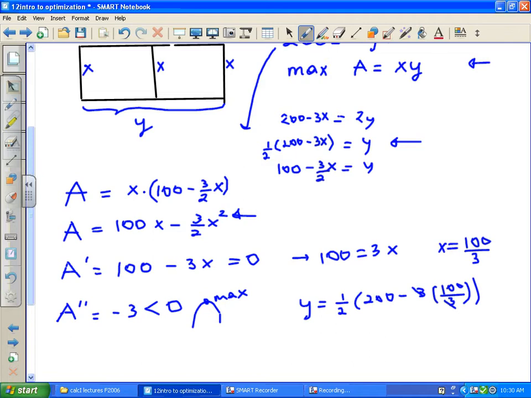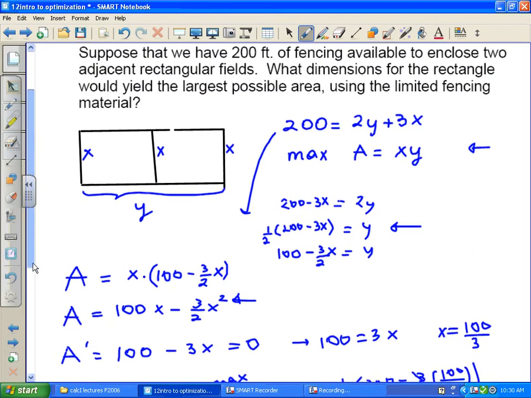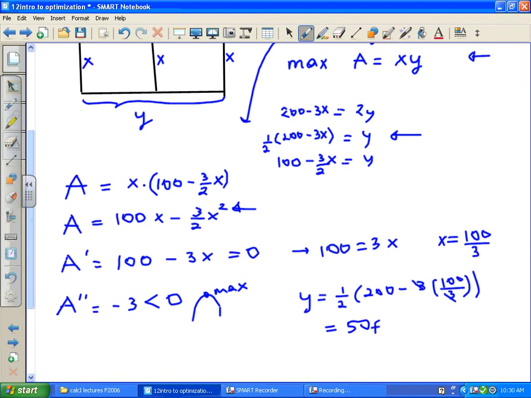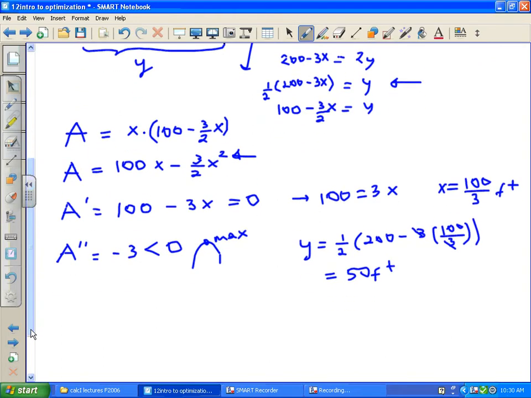That's 100, outside waiting to be multiplied in is 1/2, and 1/2 of 100 is 50. And the units, everything was in feet, I believe, so the units will be in feet as well. So we're saying that the dimensions of the rectangle should be 100 over 3, which is roughly 33.33 feet by 50 feet.